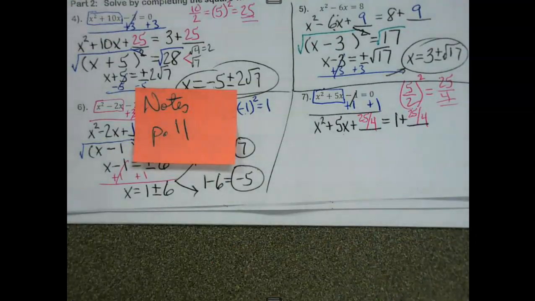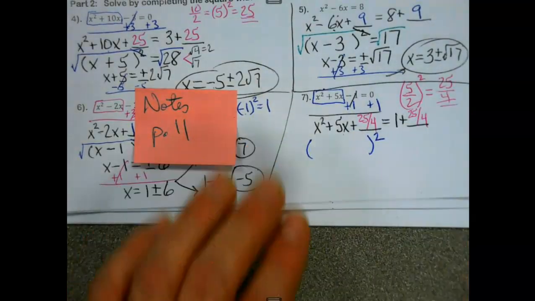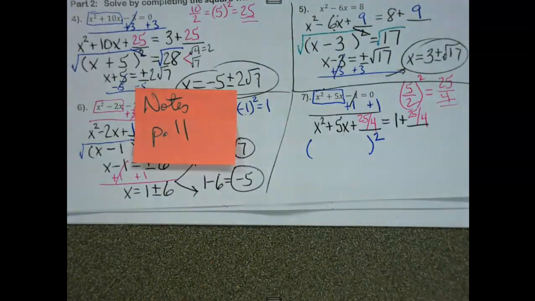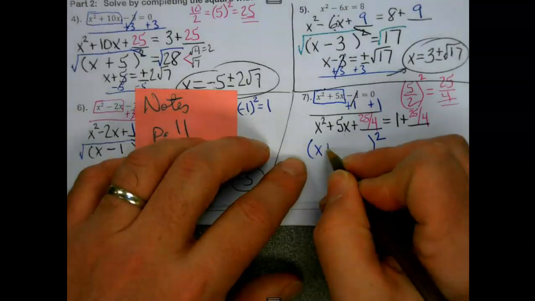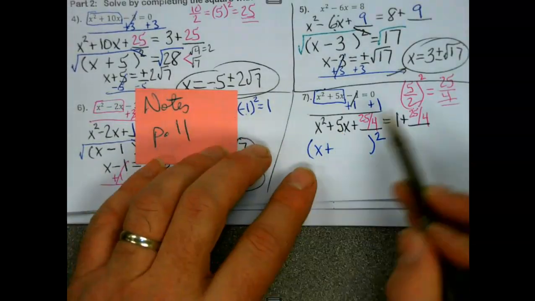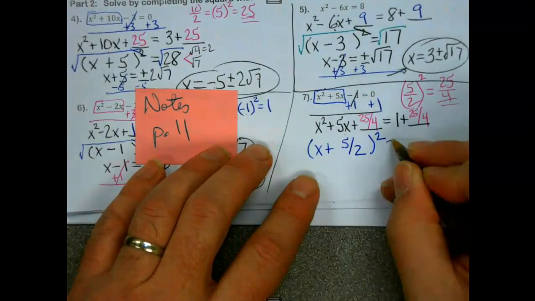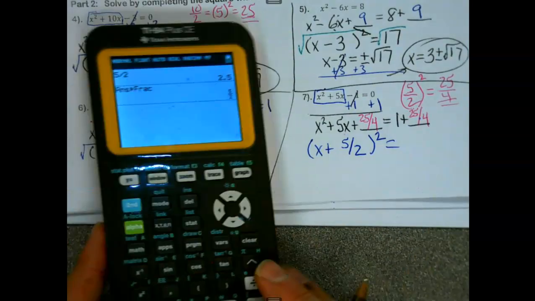Nothing complicated, I promise, because here's the trick. When we turn this into a binomial square, it's one of two things: either we cut this in half, 5 over 2, or you just take the number from the parentheses.